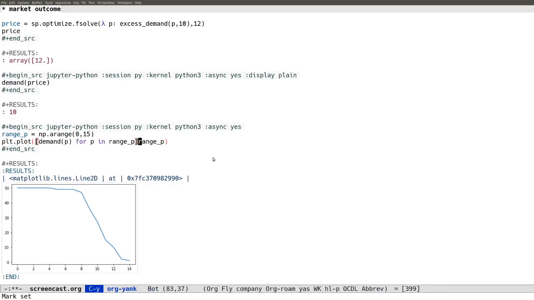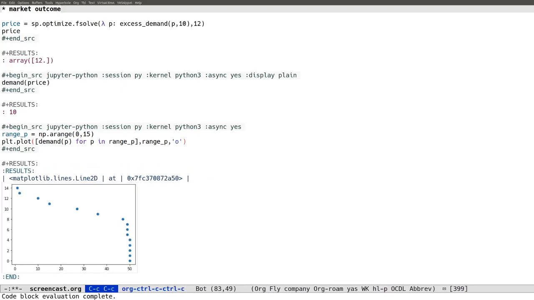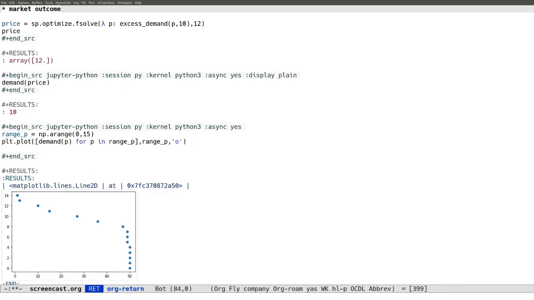In Python that's easily solved. And if you want to stress the fact that these prices are integers, we can plot it like this. So here we have our demand function at different price levels. Now we can also introduce our supply.